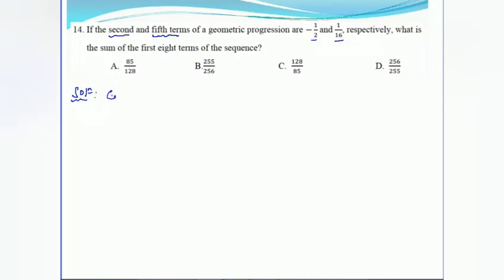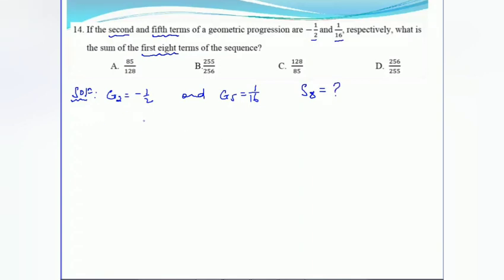The second term is minus 1 over 2, and the fifth term is 1 over 16. Based on this, we are asked the sum of the first 8 terms. We are asked S8. S8 is a shorthand notation for the sum of the first 8 terms.